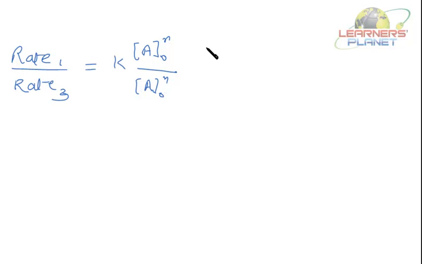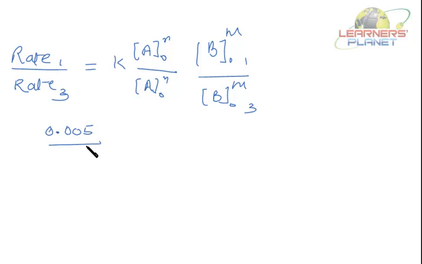Then again the concentration of B in the first, and the concentration of B in the third experiment. So the rate in the first experiment is 0.005. The rate of reaction in the third experiment is 0.005 again.